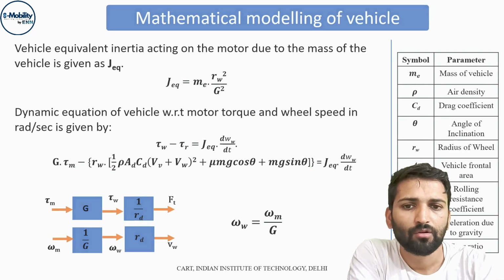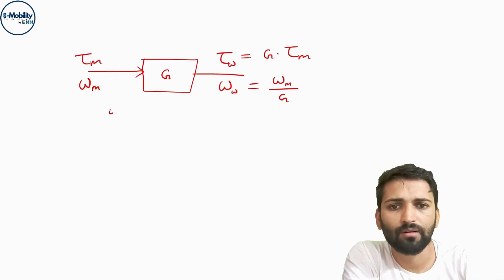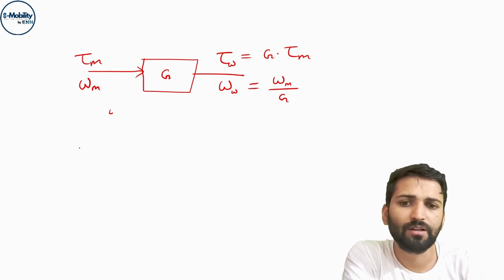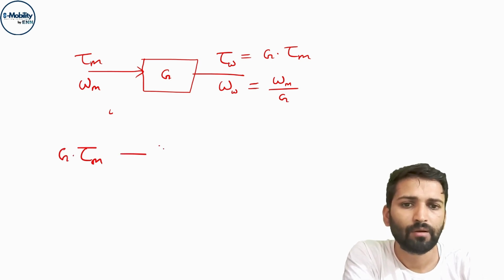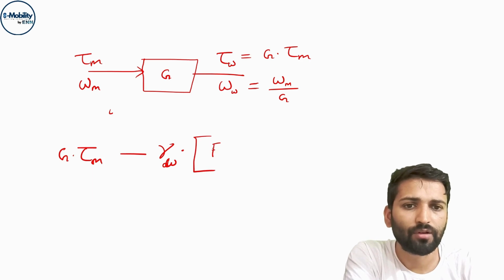The rest of the expression is similar. The expression is like this: Tm into G. This will represent our tractive force. Rw is the radius of the wheel, and these are the force due to aerodynamic drag plus force due to rolling resistance plus force due to gradient.